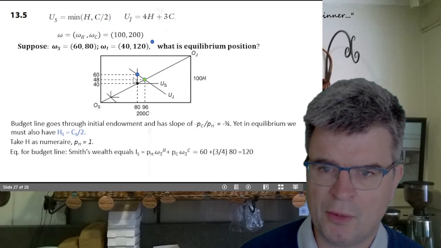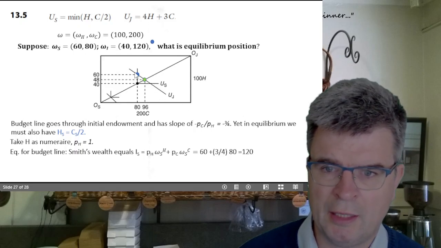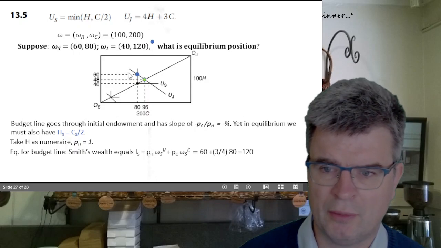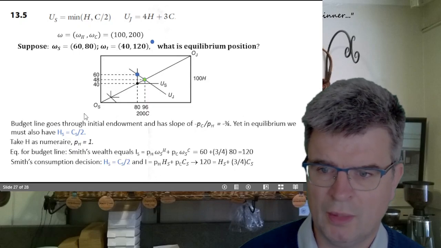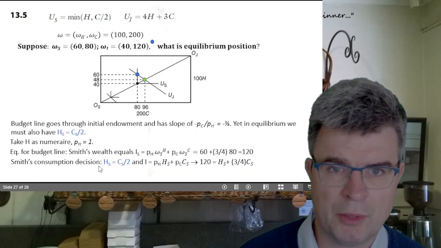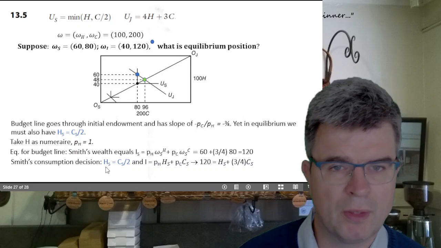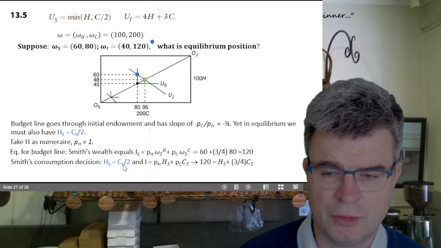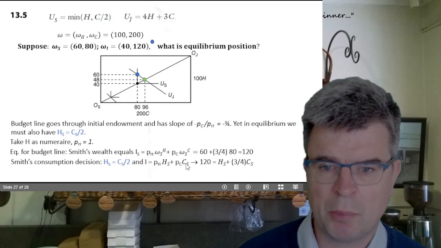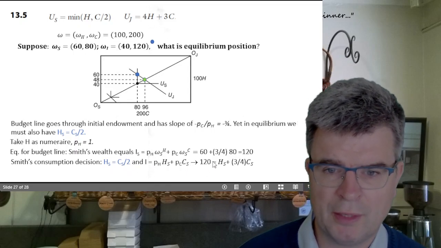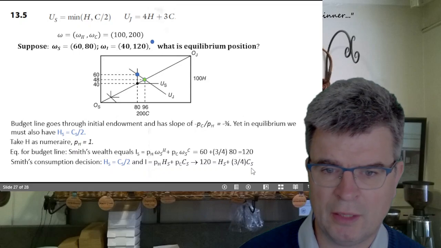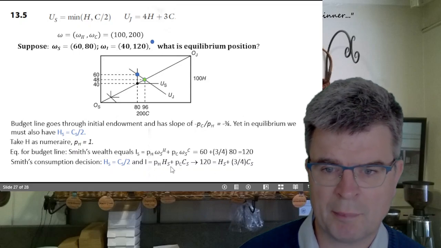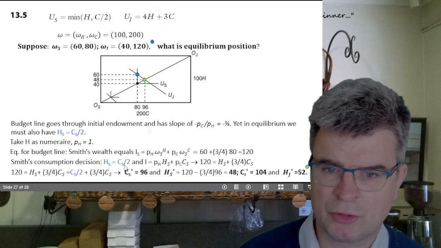And then Smith can choose any point on this line over here. So what he will choose is a consumption of ham that's half the number of slices of cheese. So we plug this into his budget constraint. His budget is 120. He can spend it on ham and cheese, but his consumption of ham in equilibrium is half of the consumption of cheese.